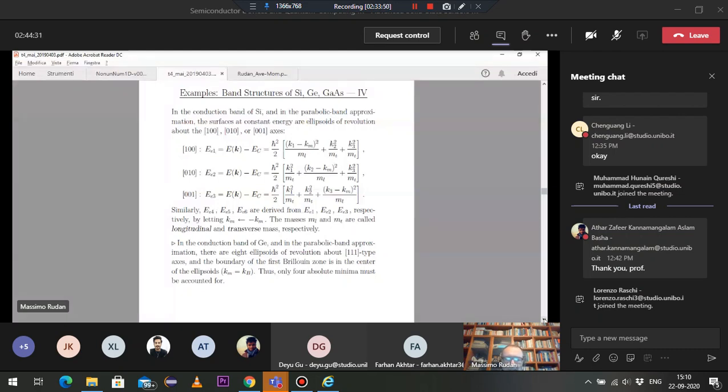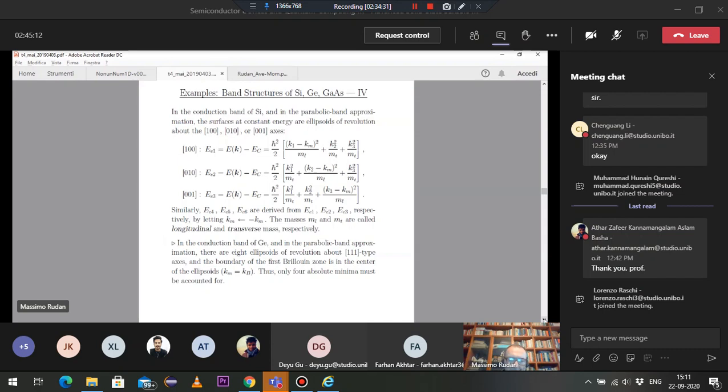Geometrically, if you fix the value of the kinetic energy E sub 1, geometrically in the K-space, this is an ellipsoid of revolution about the 1, 0, 0 axis. Okay. When you move to the second equation and you consider the axis 0, 1, 0, then the longitudinal mass is associated to K2. And the transversal masses are associated to K1 and K3.